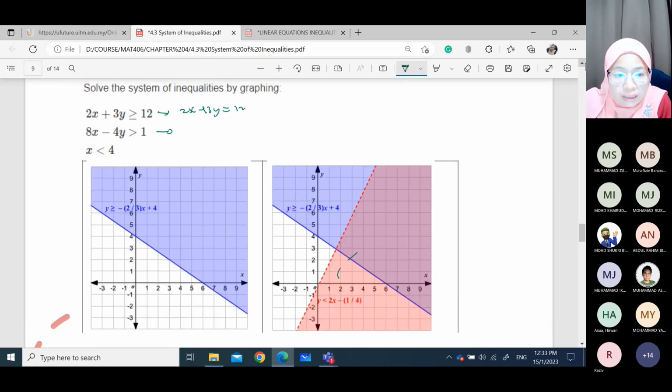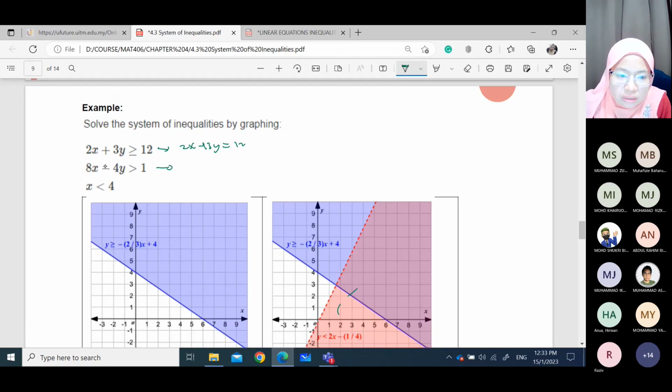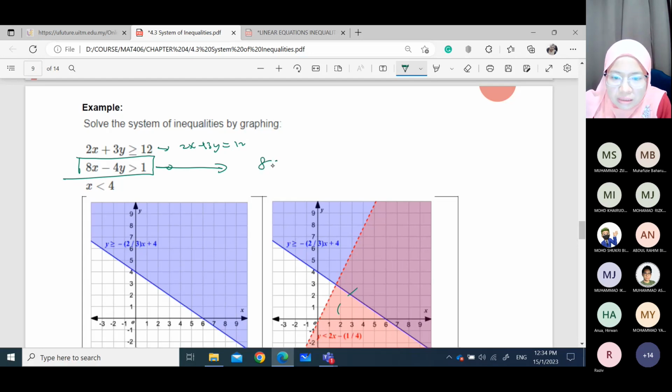So macam mana kita tahu berada di bawah? Kita tengok kat sini, inequalities yang ini. So we have 8x, kita pindahkan for y. Dan kita akan dapat 8x greater than 1 plus 4y. Okay, and then we bring 1 to the other side.